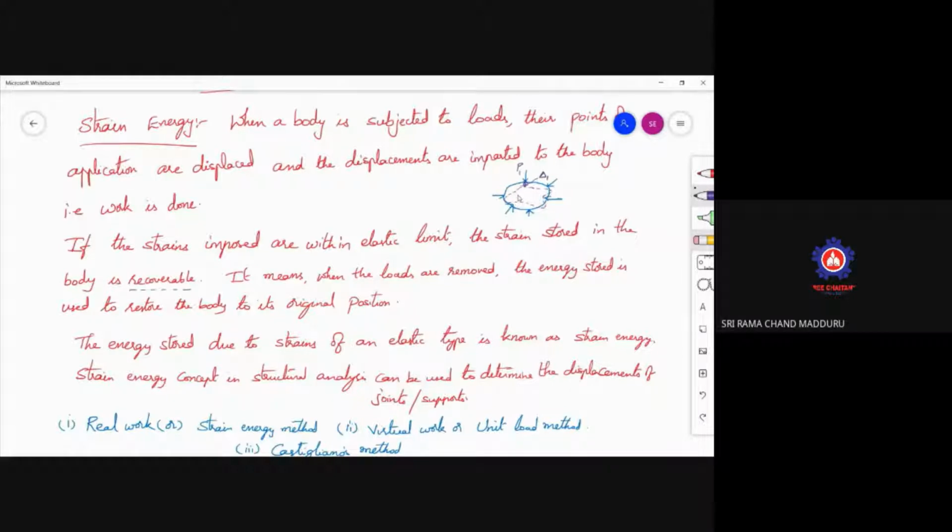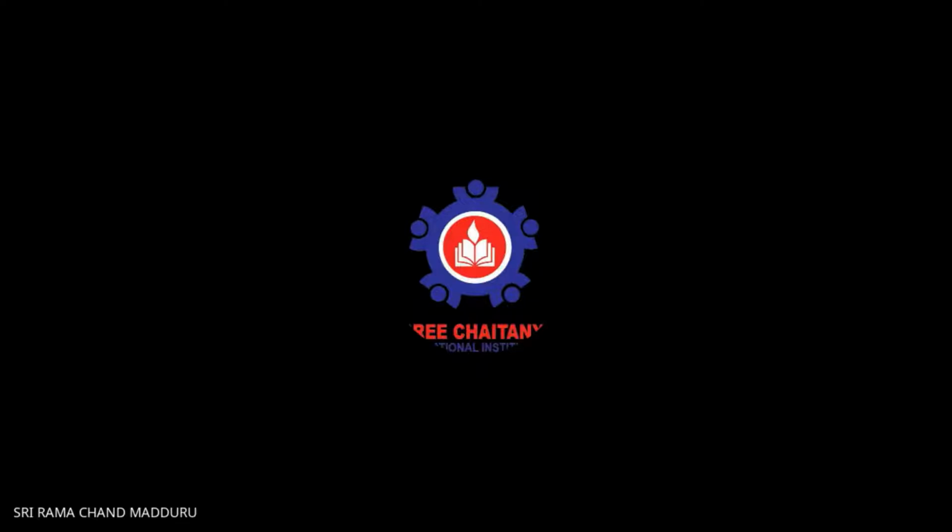It means that when the loads are removed, the energy stored is used to restore the body to its original position. Whatever is stored in the body to restore it to its original position is considered as strain energy. The member or the body has undergone certain strain energy due to the application of the external loads.